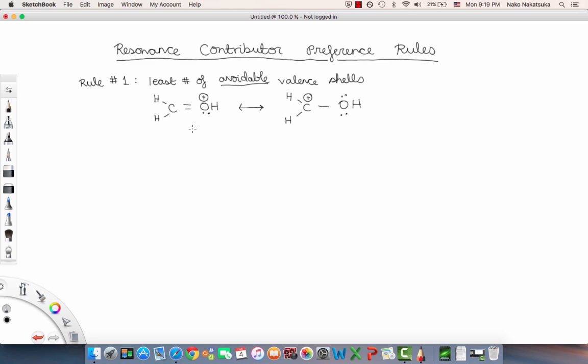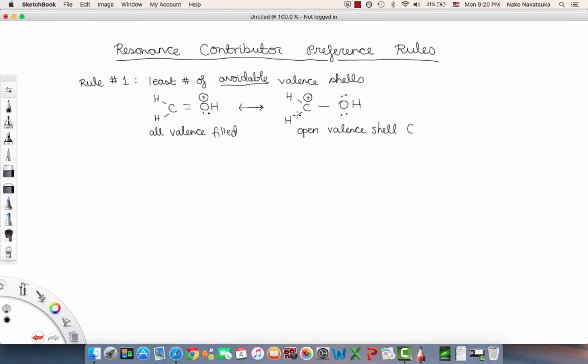So in this case, if you look, all valence shells are filled. Because carbon has 1, 2, 3, 4, meaning 8 electrons, oxygen has 2, 3, 4, 5, 6, 7, 8, and hydrogen is happy as well. In this case, you have an open valence shell on the carbon, because carbon only has 2, 4, 6 electrons, so basically it's lacking 2 electrons.